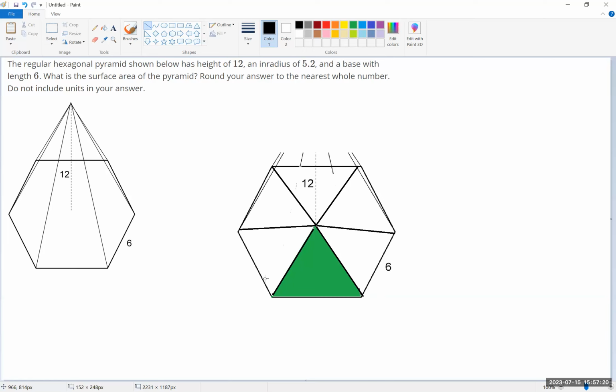And one important piece of information that they give us is that the in radius is the in radius. Which is that length. Okay, that's the in radius.